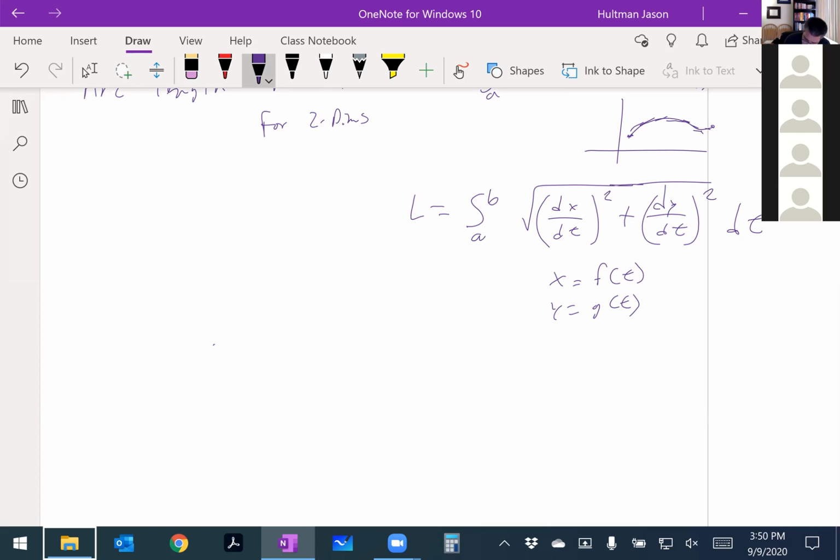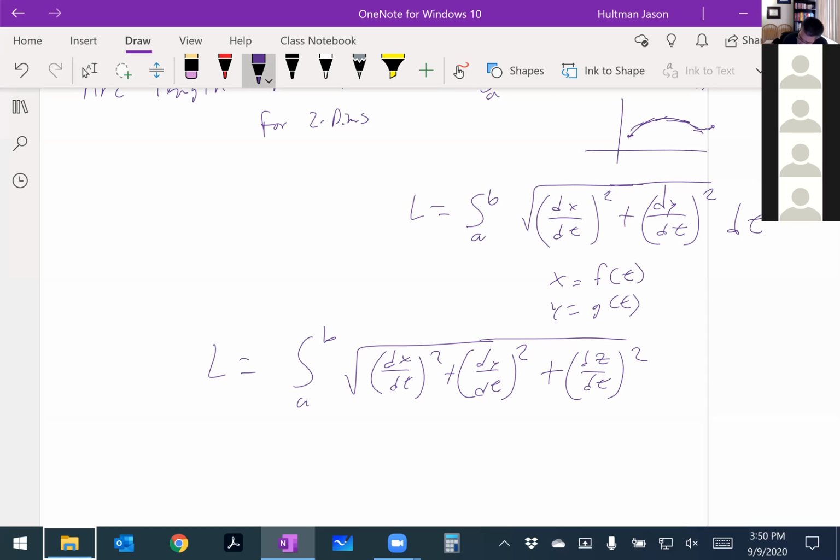So L is equal to the integral from a to b of the square root of dx dt squared plus dy dt squared plus dz dt squared.